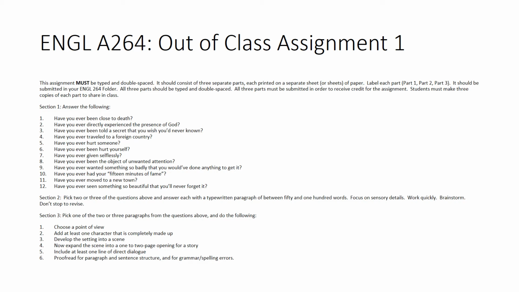The second section is the free writing activity that's designed to get them to focus on details. And the third section is arranging those details into a structure that is actually the first scene of a fictional narrative.